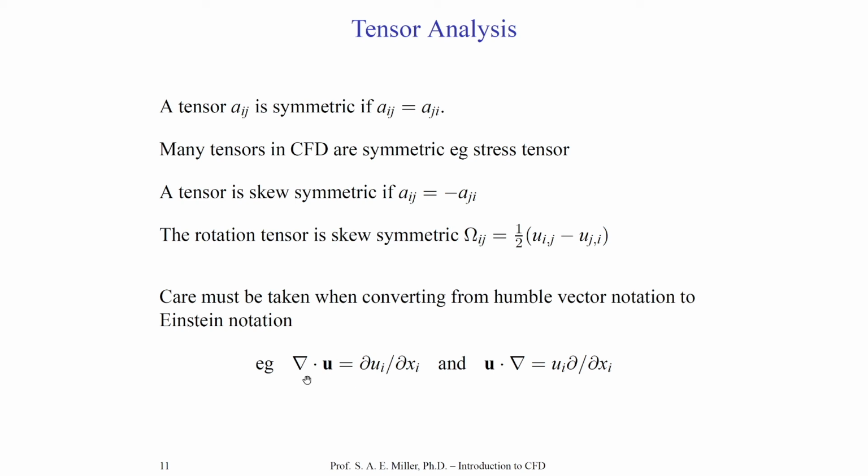Nabla dot u, which is the inner product with the vector u, might be equal to partial ui partial xi. Here the dummy variable is i. Sum them from 1 to 3 for 3 dimensions. U dot nabla would be equal to ui partial xi. This is an operator term, and it might be operating on a velocity or a density times a velocity. You'll see both these terms appear in our equations of motion, which we are solving in this class numerically.